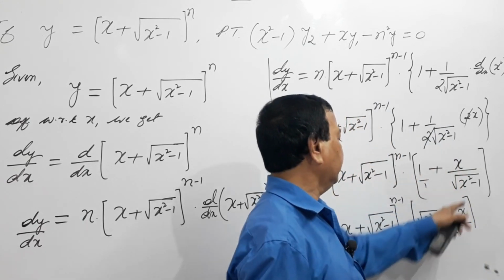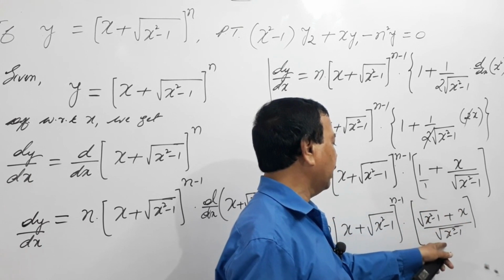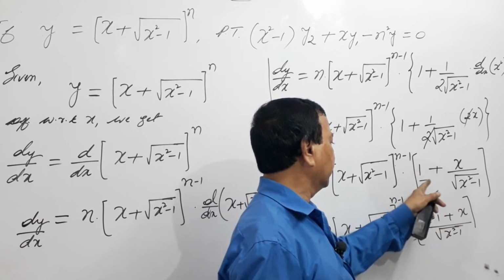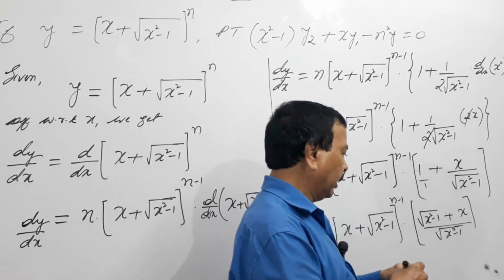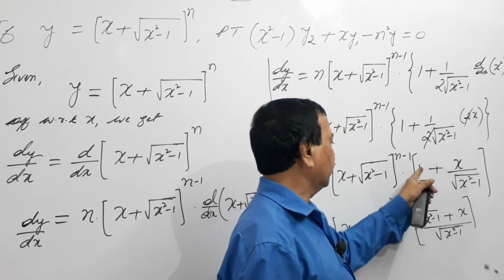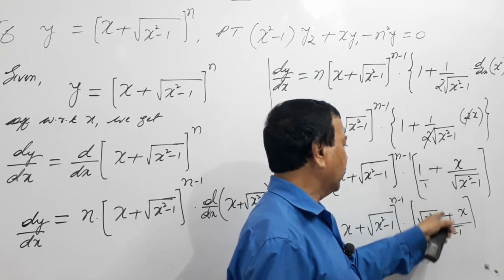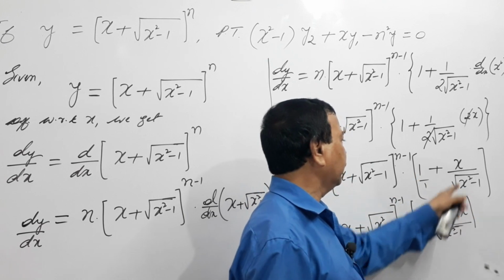If you take LCM, this goes one time, 1 into this, this goes x; under the root x square minus 1 plus x square cancels, 1 into x will be x.